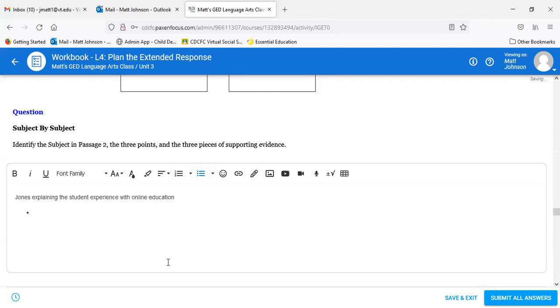So the first one was his point of view, Jones's point of view that online learning offers flexibility and, that is wrong.